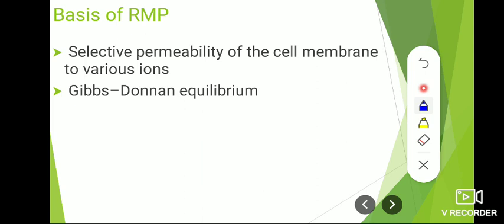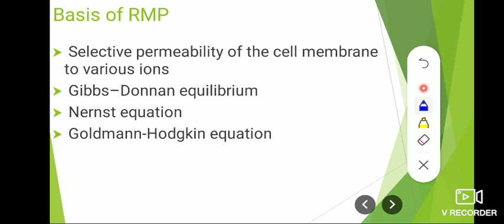Second is the Gibbs-Donnan equilibrium. We'll try to understand what this is. These two scientists have explained the phenomenon. Third is the Nernst equation, and fourth is the Goldman-Hodgkin equation. Based on these four, we'll try to understand the basis of resting membrane potential in any living cell. So we'll learn the physics phenomena behind this.